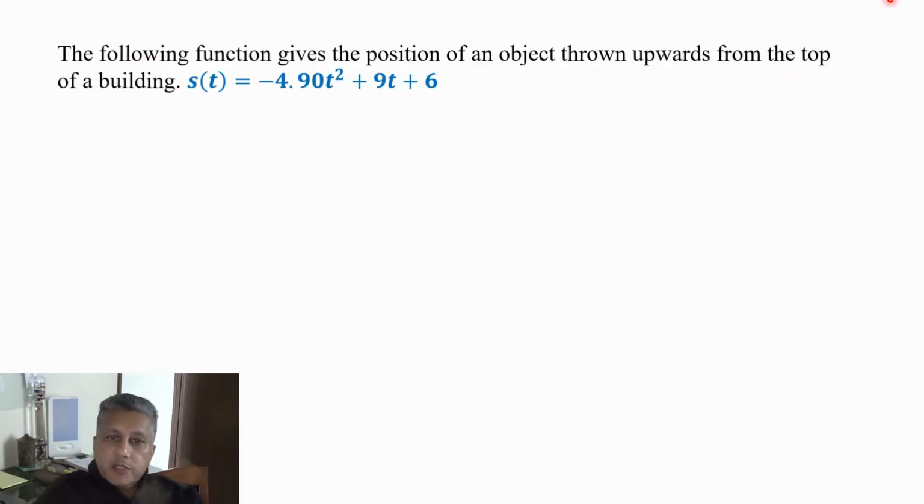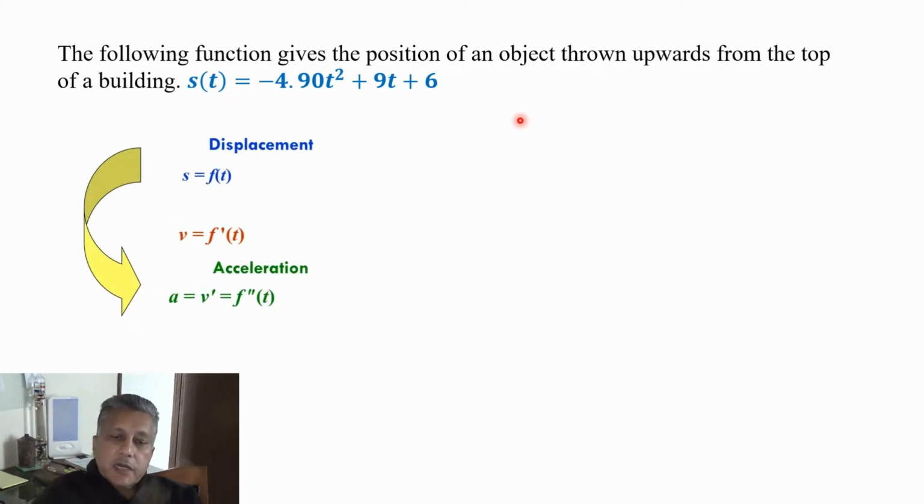This is the initial problem that was given. When we look at the calculus part of this particular problem, we have displacement, which is this function right here, and when we take the first derivative of displacement, it gives us the function of velocity, right? And when we take the first derivative of velocity, it gives us acceleration, right?